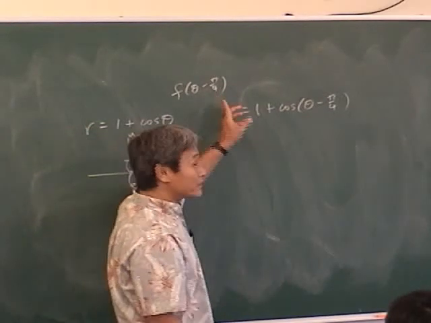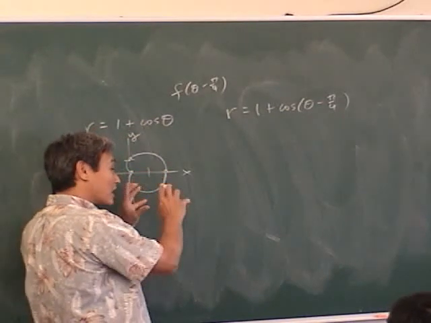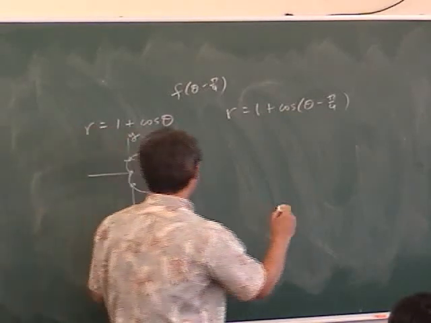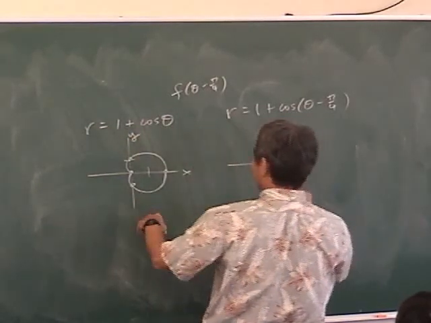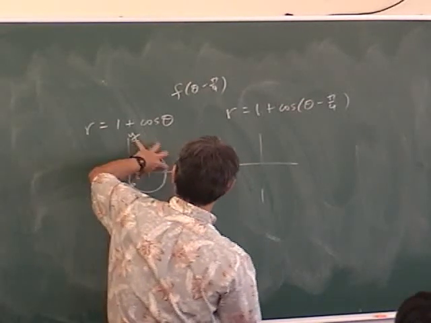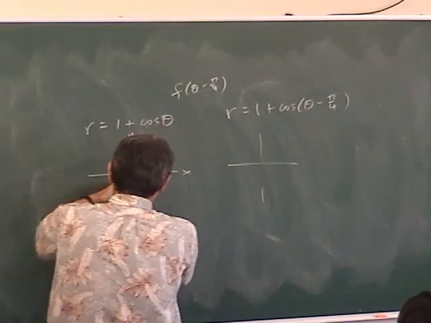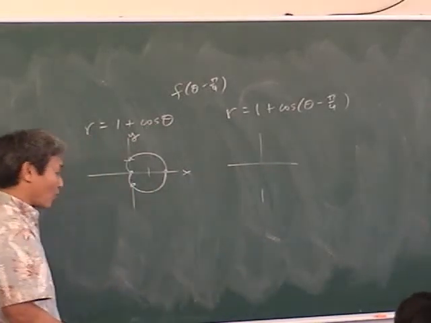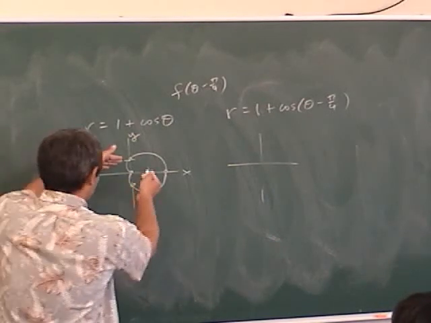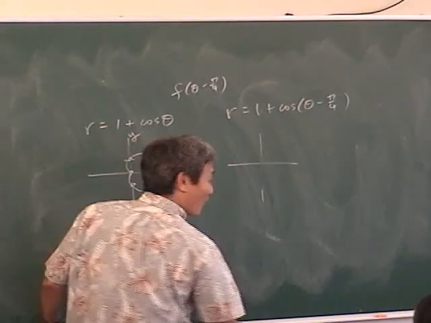Yes, this rotates the graph pi over 4, or 45 degrees, counterclockwise, because that's the positive direction. So if you graph it on your calculator, you're going to see the same cardioid, but rotated pi over 4, 45 degrees counterclockwise, which means now the butt is going to be facing southwest. And is it? Yeah. So it's spewing things southwest instead of west.